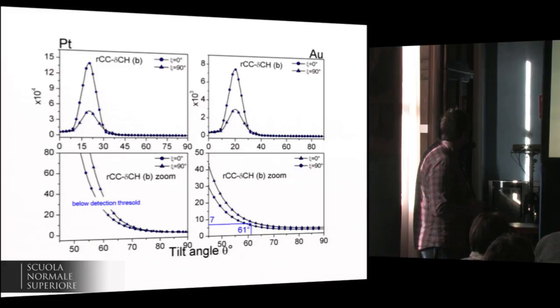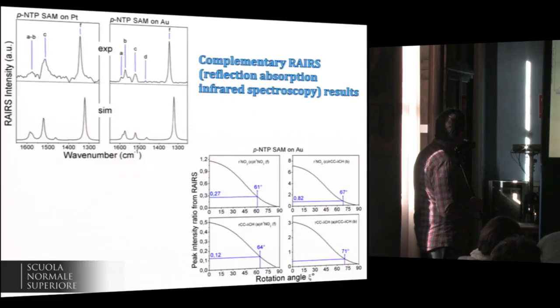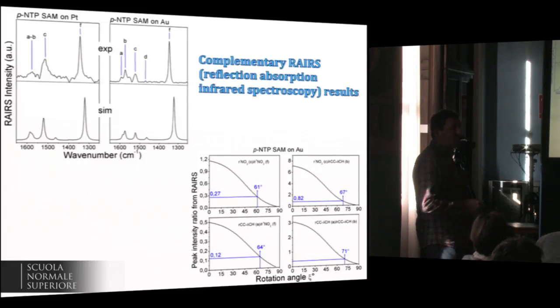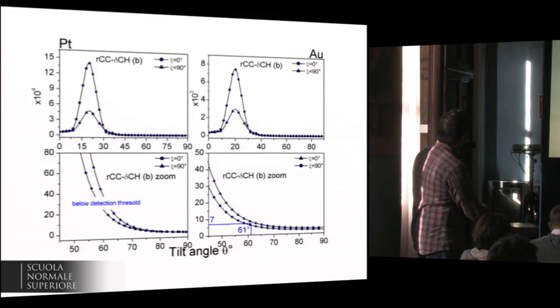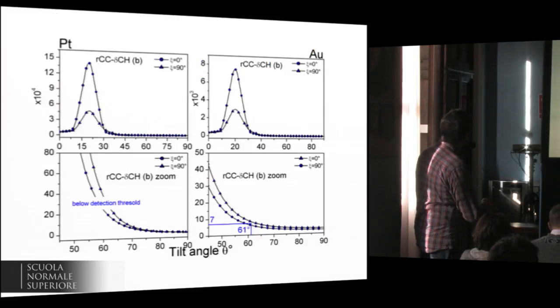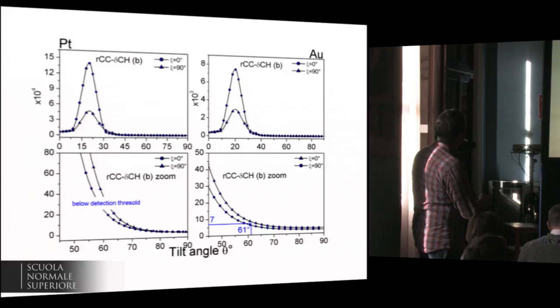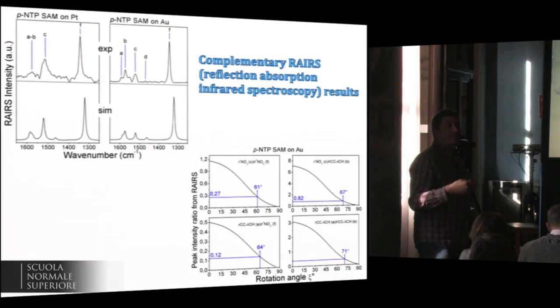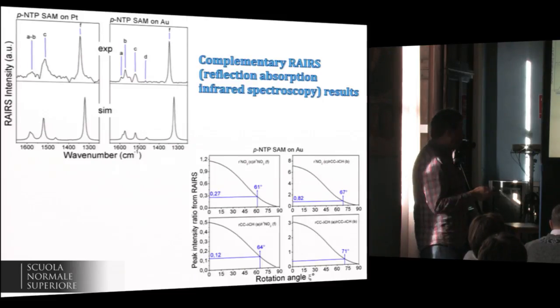What you need to do in this case, in order to get the full information, is the following. If you keep the tilt angle and you change Xi, you cannot extract the value of Xi, because Xi does not modify your SFG spectrum.